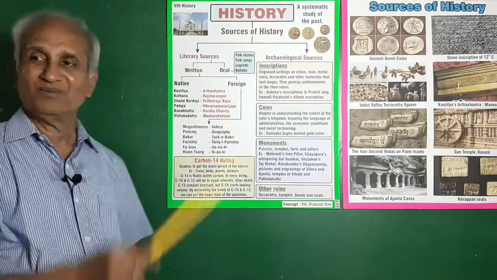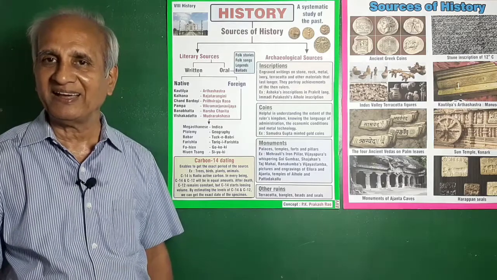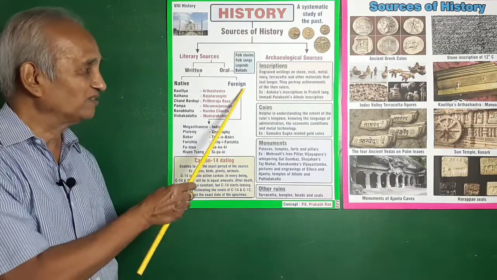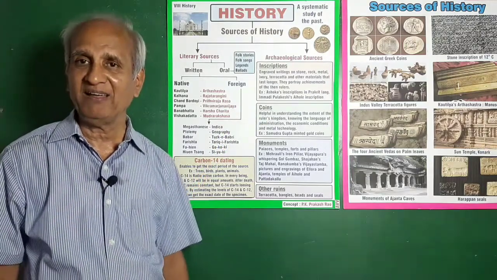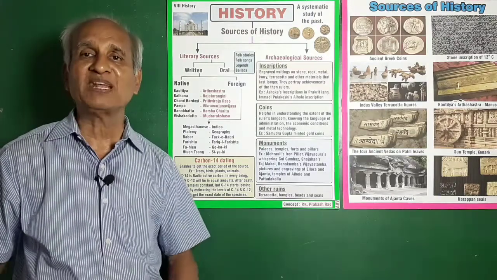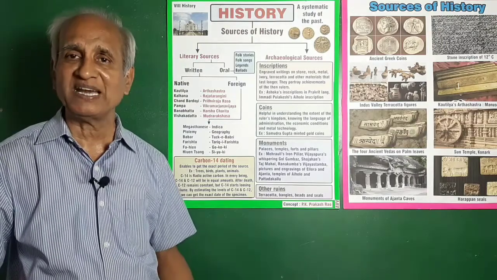Now, foreign. How can foreigners write about kings' reigns in India? Foreign rulers sent their ambassadors here. When they heard about India, about the great kings here, they used to send their ambassadors. Go to India, find out what is great there.